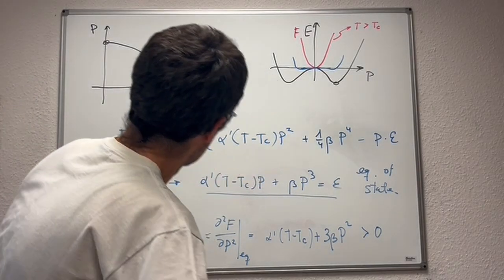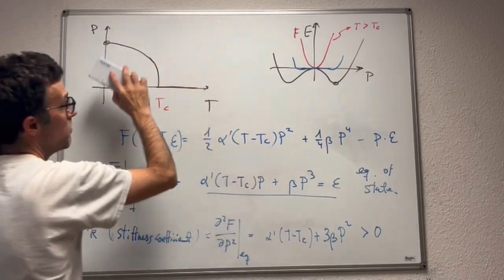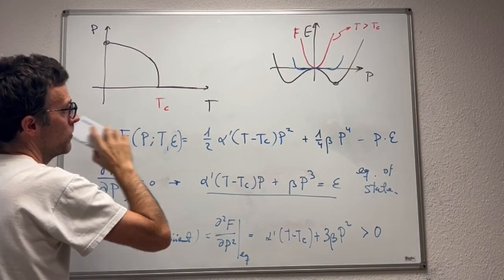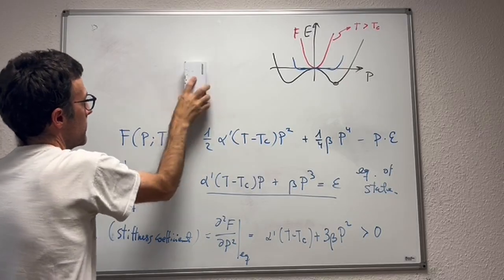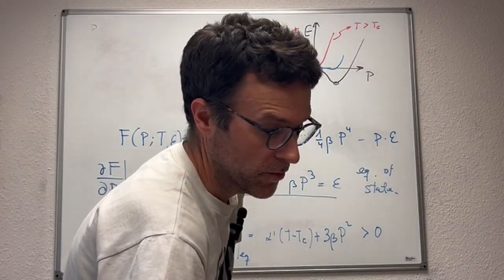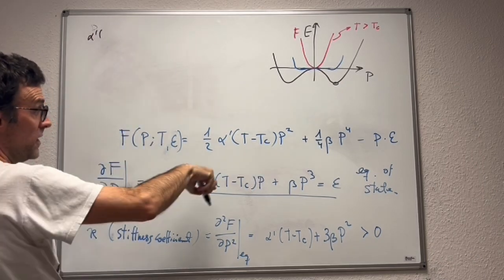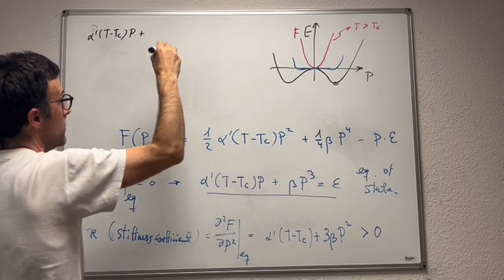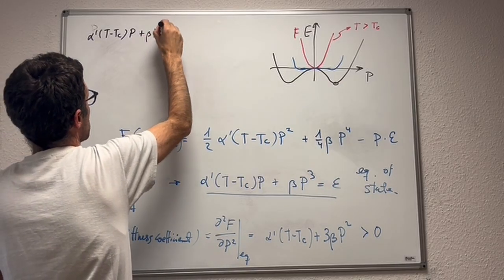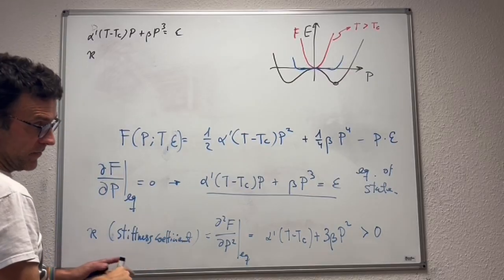So let's make room and draw these things somewhere. Let me remove this one. I'm going to write here the equation of state for our very simple Landau model, and the definition of the second derivative, which we call stiffness.